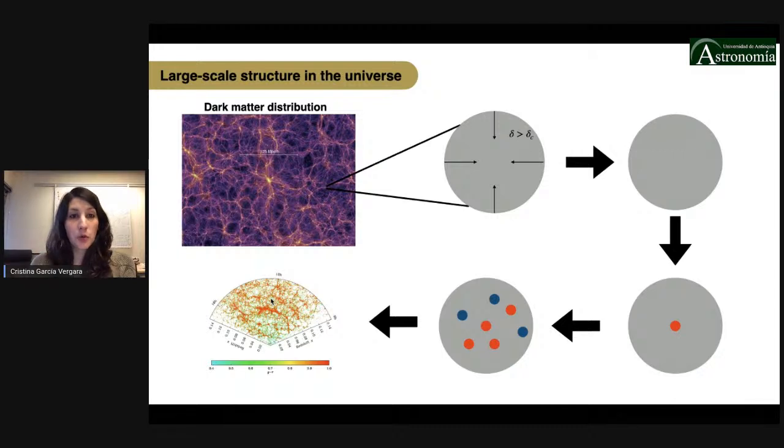We need to understand cosmology. We need to understand how halos form in the universe, and we need to understand galaxy formation and the distribution of galaxies within halos. Then that is a very complex process. I tried to make a general overview about all of this.